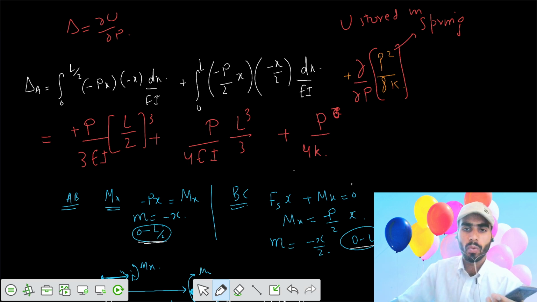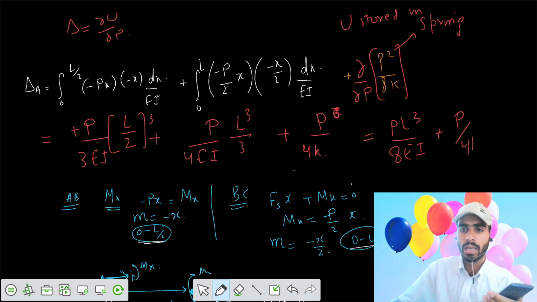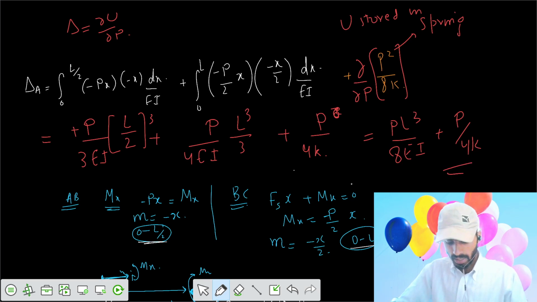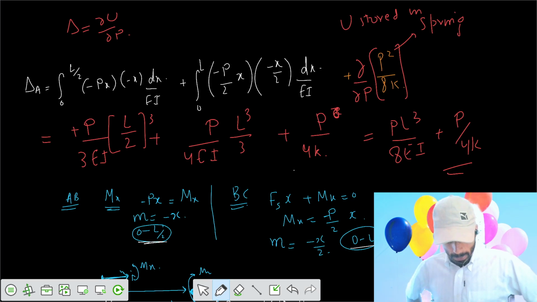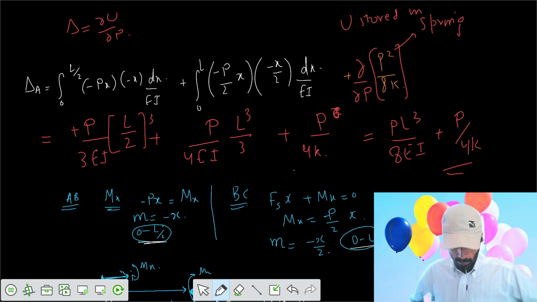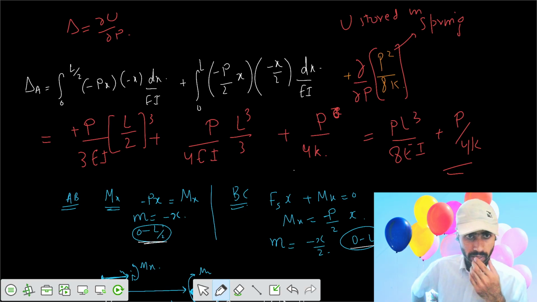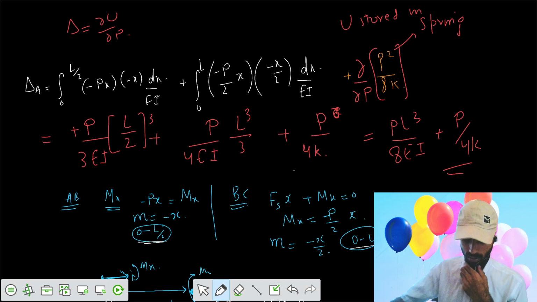Is it PL³/8EI plus P/4k, PL³/8EI? Px³/3EI.